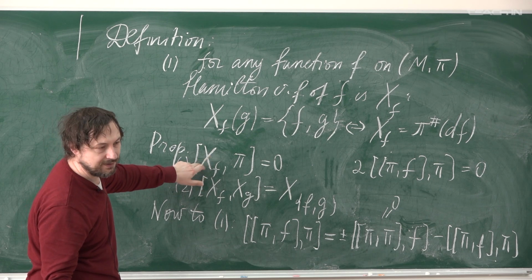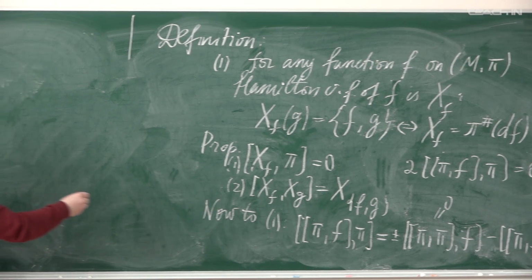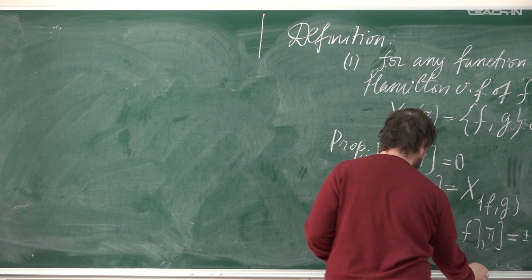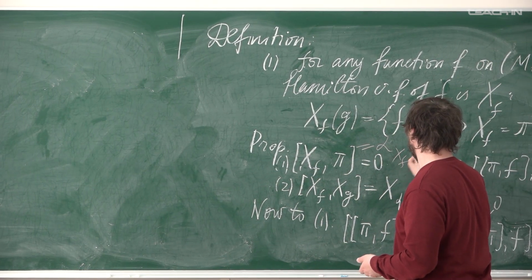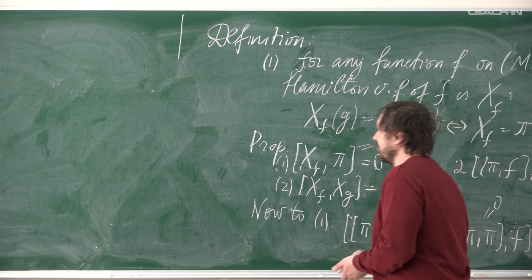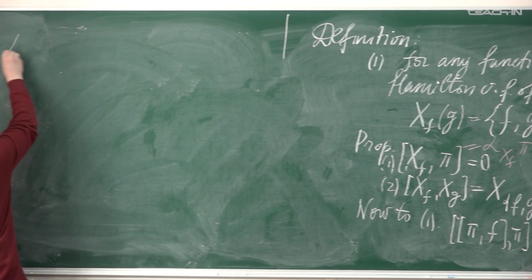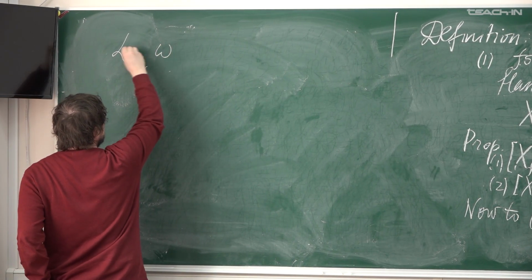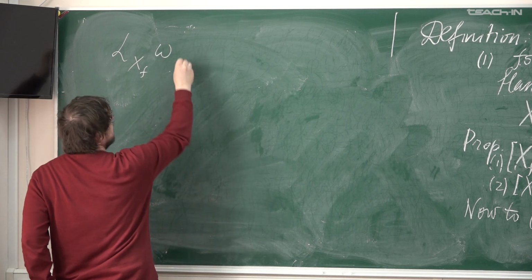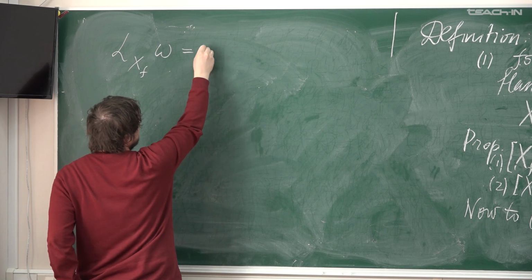So the property 1 in the symplectic case also exists. You also have, by definition of the Schouten bracket, this equal to the Lie derivative of X_f with pi. And of course, in the symplectic case, we also had this property that when you apply the Lie derivative with respect to a Hamiltonian vector field to the symplectic form, you get 0, right?